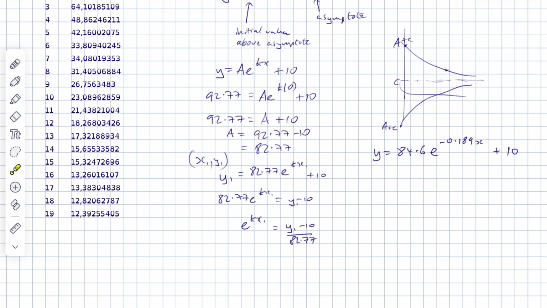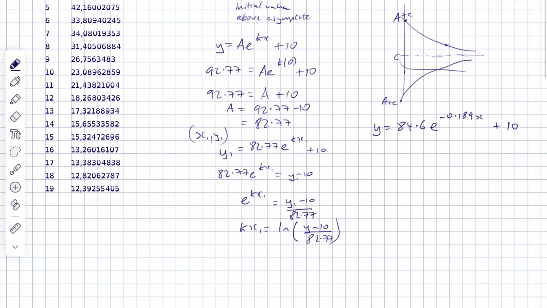We want to get rid of the e to the power to get just this on its own, so we take the log of both sides to get k x1 equals the Neperian log of y1 subtract 10 over 82.77. And then to get k on its own, we have to divide by x1, so we get k equals 1 over x1, Neperian log of y1 subtract 10 over 82.77, which we're going to put in computer speak.